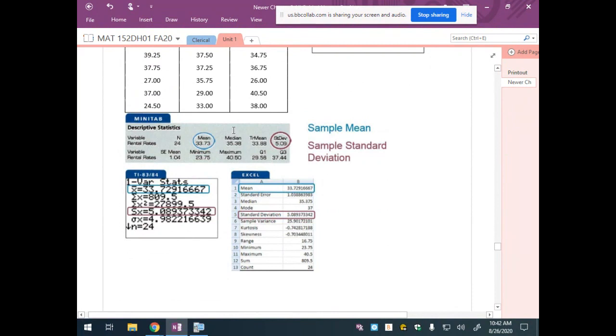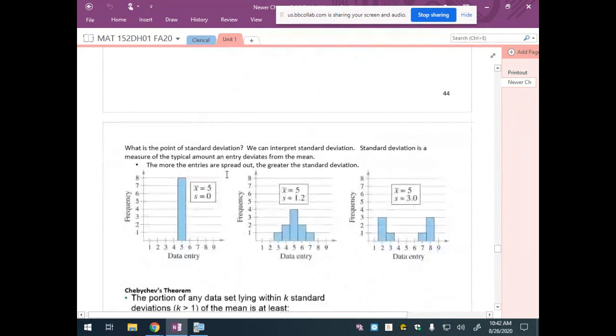TI-83/84, you can also do it with Excel, but StatCrunch is what we're going to be mainly using aside from the calculator. When I was in grad school, we used SPSS, which was pretty cool too.